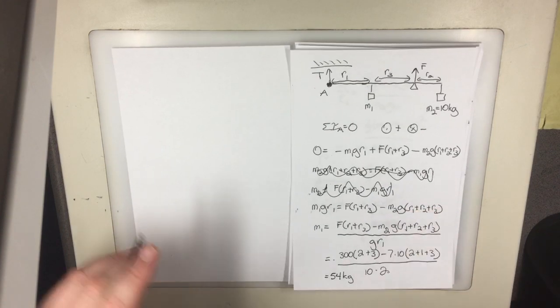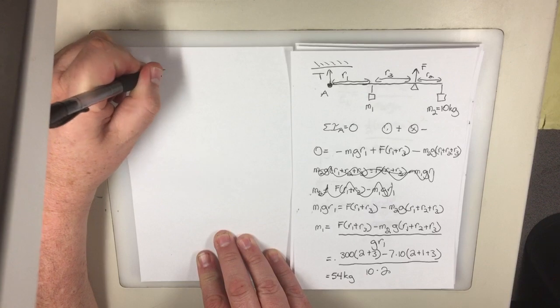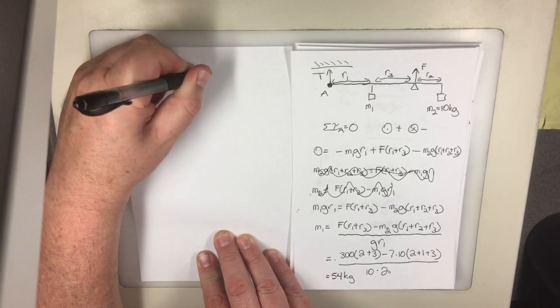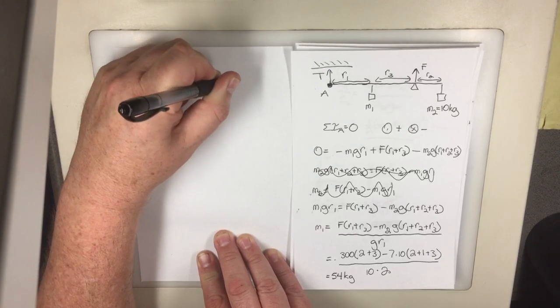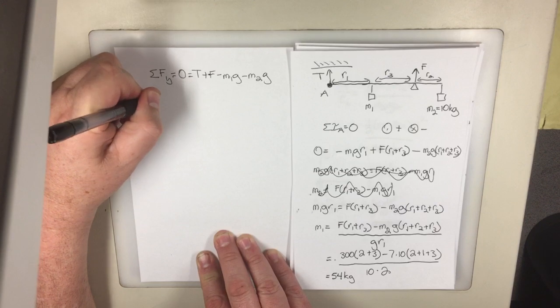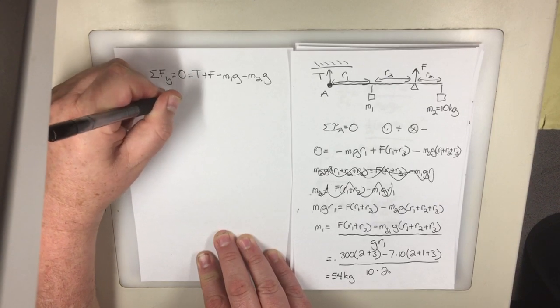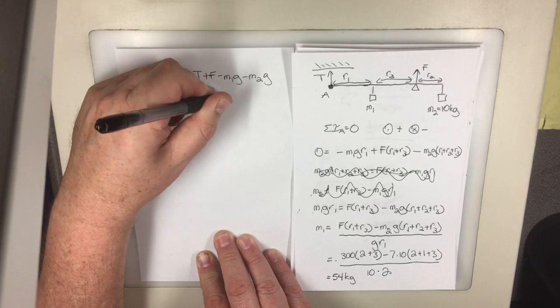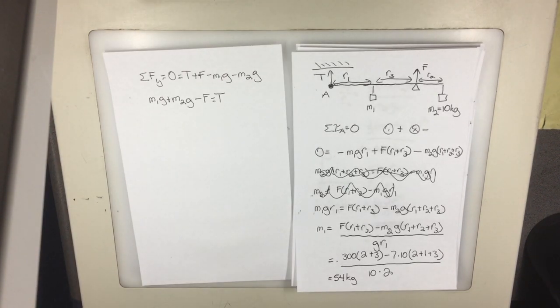Now we can attack T. You solve the forces in Y equal to 0. That is T plus F minus M1G minus M2G equals 0. So M1G plus M2G minus F is equal to T. And I need more paper.